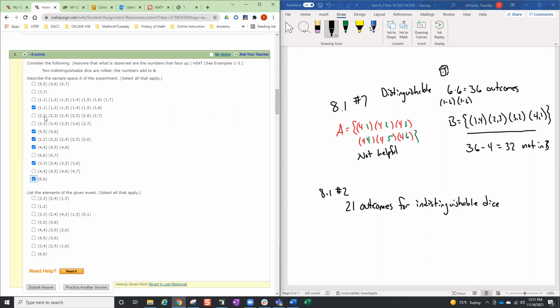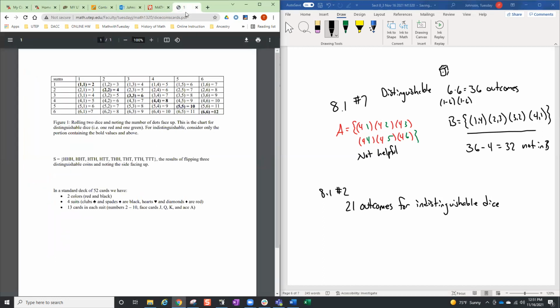And 6 only has 6. So there's 6 of them with 1. 1, 2, 3, 4, 5 of them with 2. 4 of them with 3, 3 of them with 4, 2, and then 1. And I feel pretty confident about that. That was challenging, don't get me wrong. But this chart, super helpful. And now there's a link to it if you want.